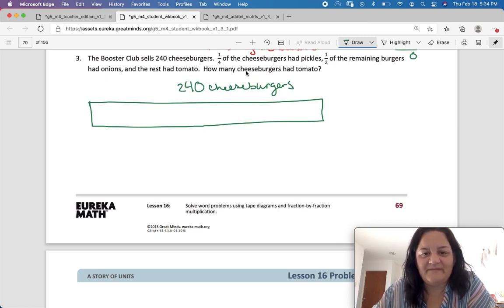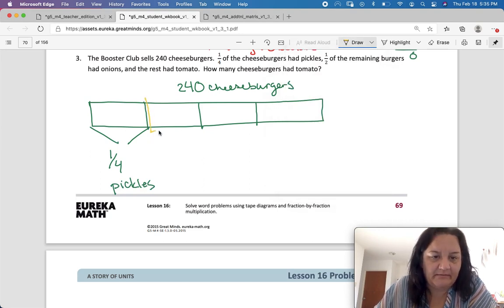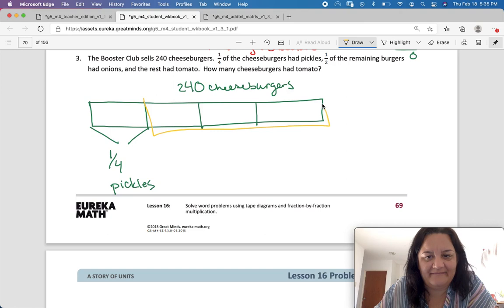Okay, so 1/4 of the cheeseburgers had pickles. So there's 1/4. Pickles. Half of the remaining burgers, okay, so half of the remaining, so here's what's remaining. And I need to cut that in half.